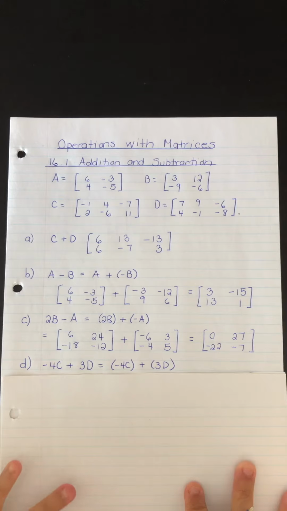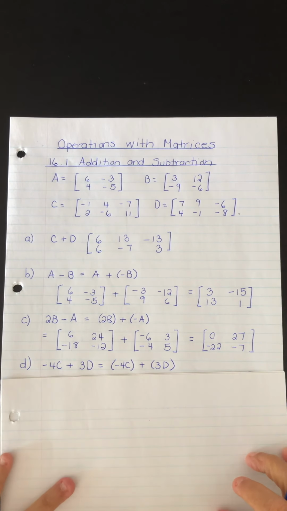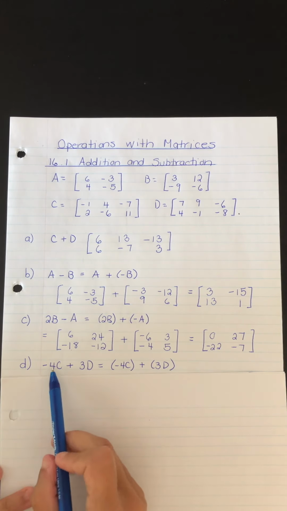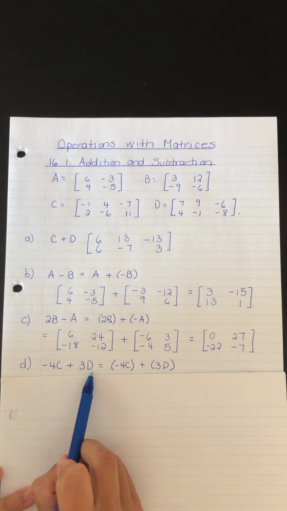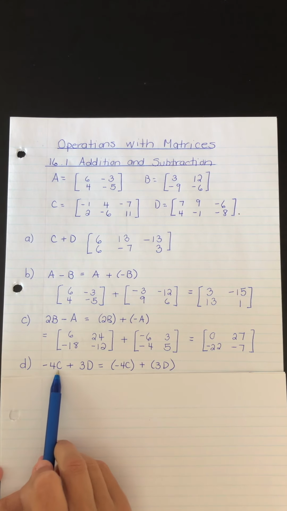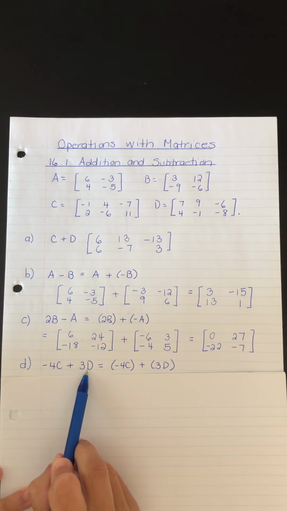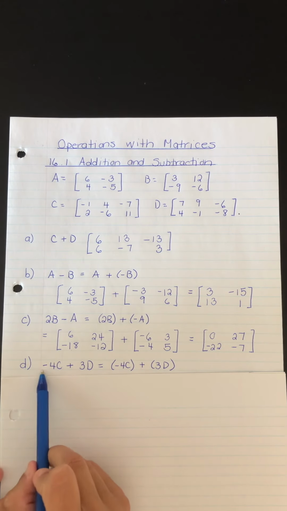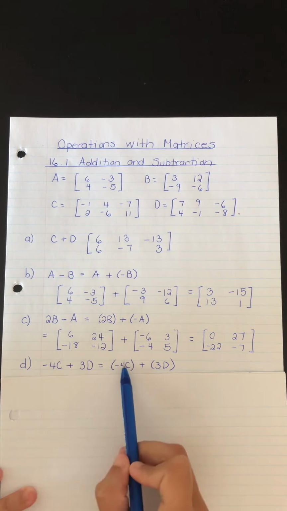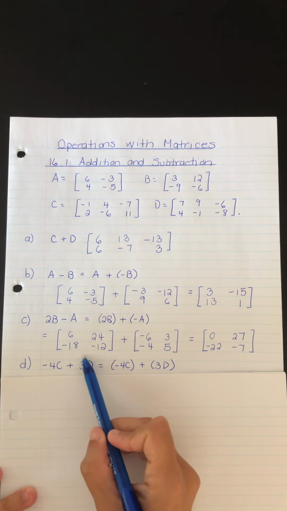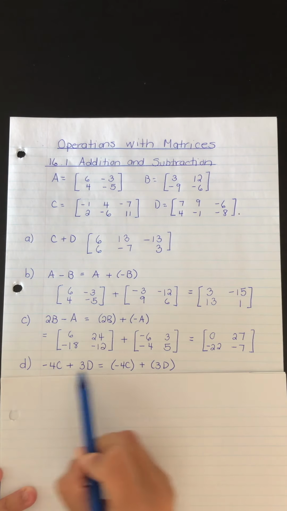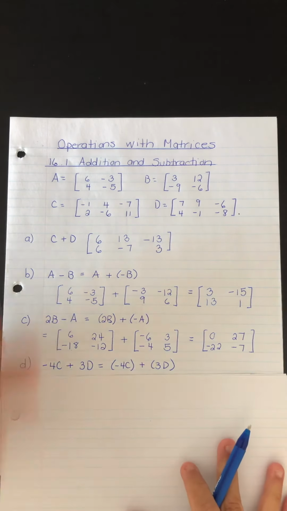Okay, we're going to do one last example before we turn our attention to multiplication of matrices. So in the original problem, we want negative 4C added with 3D. So what we'll do then is form matrix negative 4C, and we'll form the matrix 3 times D. Those are just going to be added together.